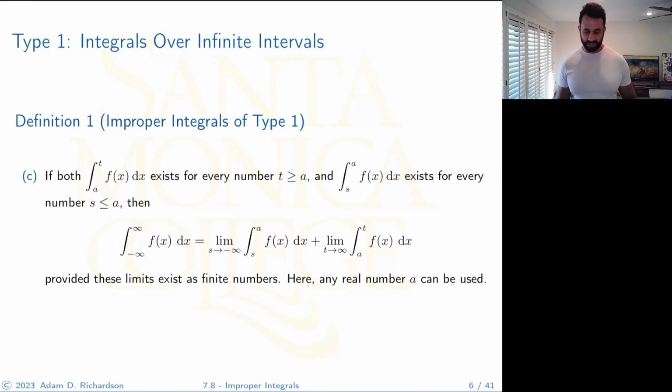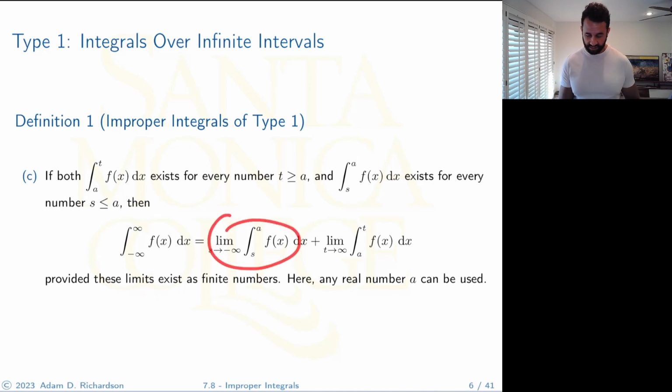So what you're really doing is you're taking this infinite interval, you're choosing a point in the middle somewhere, wherever you want to choose it actually, and then you're splitting the integral up. And as long as these limits exist, you can do this splitting. That's the one catch. That's what I say right here, provided these limits exist as finite numbers.